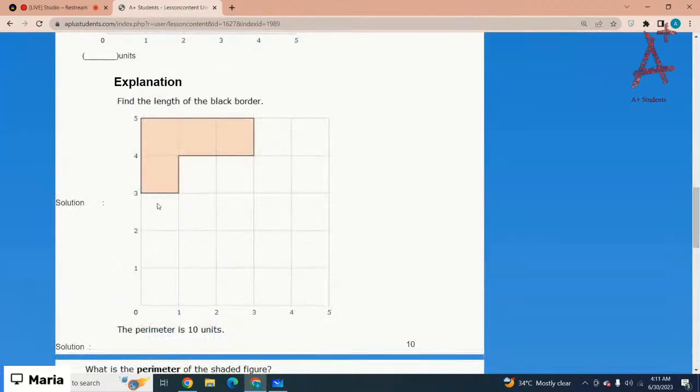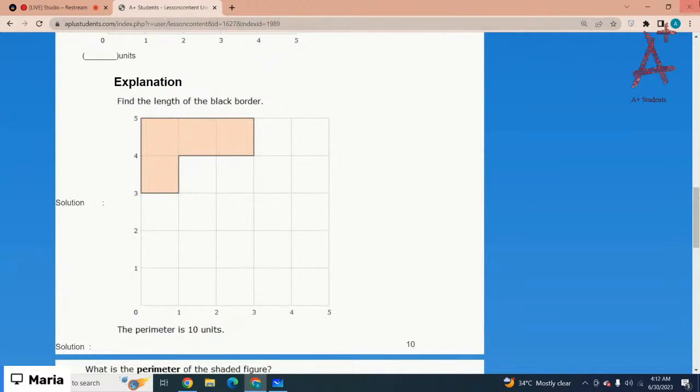Start from here: 1, 2, 3, 4, 5, 6, 7, 8, 9, 10. Got it? You have to start from a point and end on the same point, and until then you have to count the squares for every line. So it would be 10. The correct option is 10. That is the easiest way to calculate the perimeter.